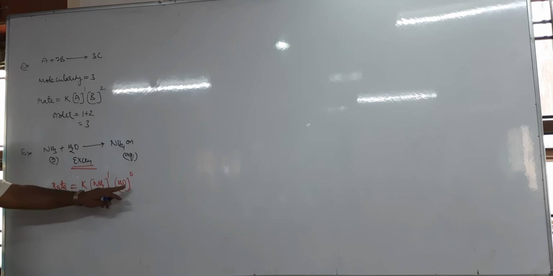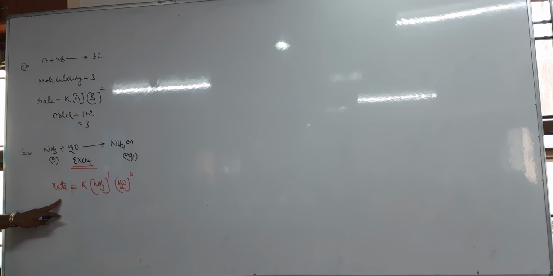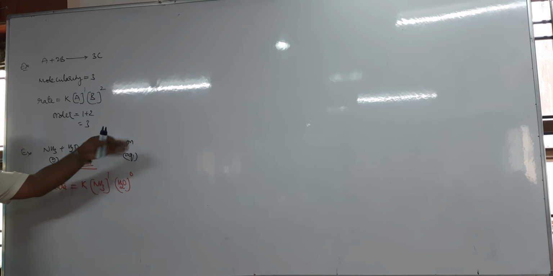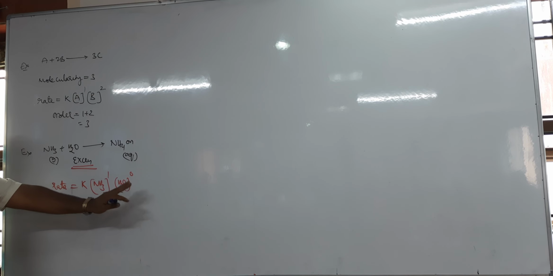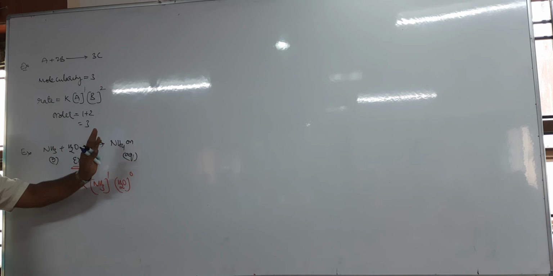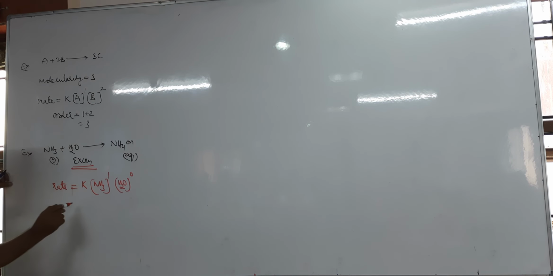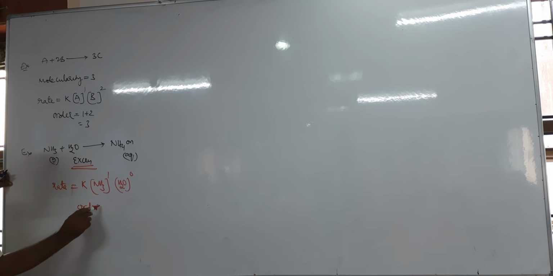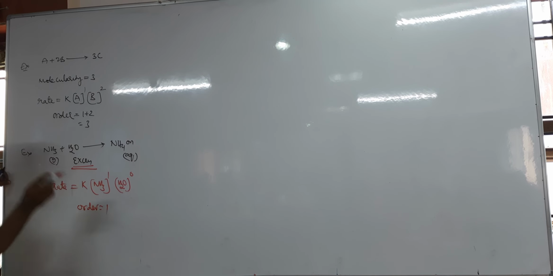It means this concentration does not affect the rate. Whether you take large or more, whatever it is, whether present or absent, its concentration doesn't matter. Therefore, order is 1.